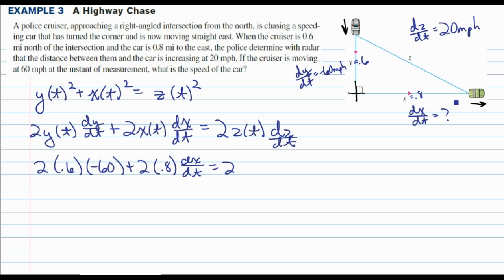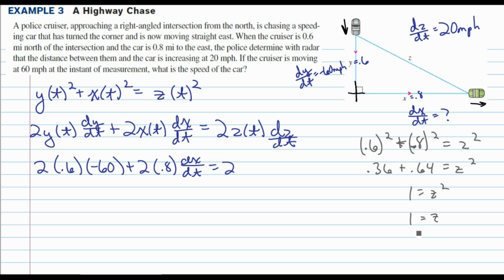We don't actually know z. It didn't tell us, but I can use the Pythagorean theorem for this instant and figure out what it is. So y at this instant is 0.6, squared, plus x at this instant, 0.8, squared, is going to equal z at this instant squared.